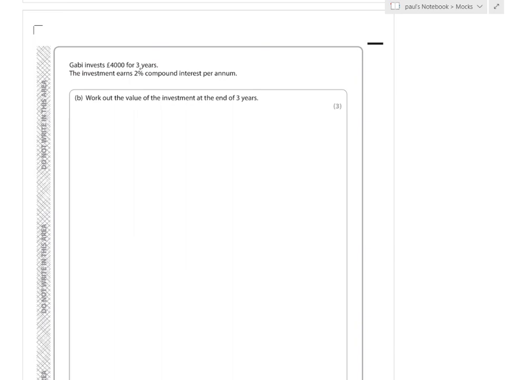Gabby invests £4,000 for 3 years. The investment earns 2% compound interest. Work out the value after the end of 3 years.